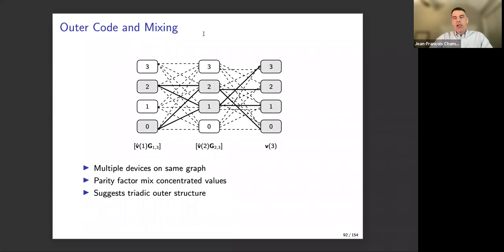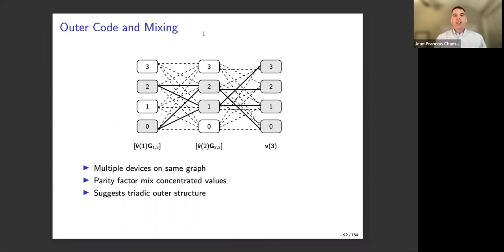If you have 2 blocks and 1 parity, and your blocks have only 1 non-zero entry, so you have 1 non-zero entry vector coming into a check node, and another vector with 1 non-zero entry coming into your check node, then at the output of your check, you can have only 1 non-zero vector. But if you have a 2-sparse vector coming in on one side and a 2-sparse coming in on the other side, then the sparsity of your output is now 4. It's 2 times 2. So there's a mixing that happens.